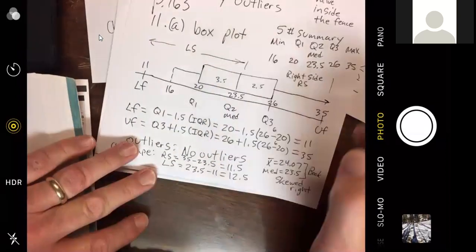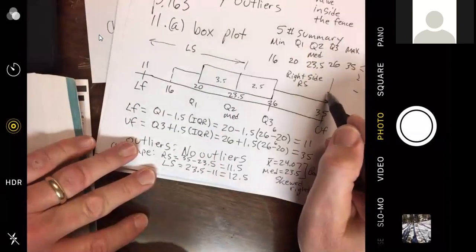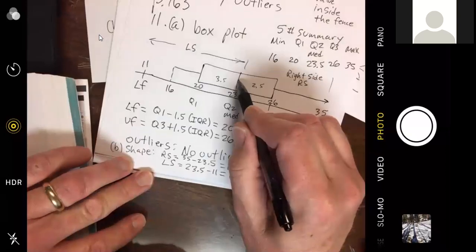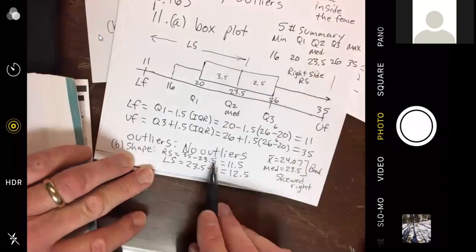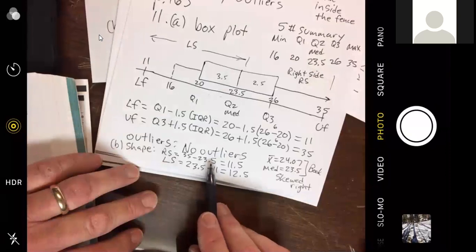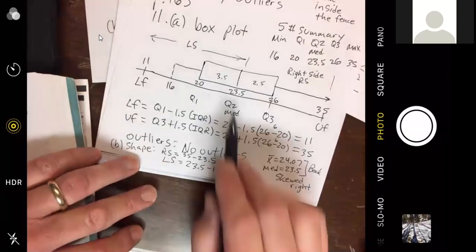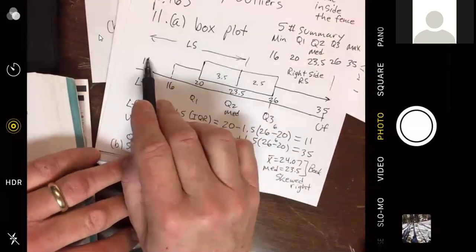I looked from the upper fence back to the middle. That's where I got 35 minus 23.5. There really is no single correct way to do it. So that gave me 11.5, and then I look from the center back to the lower fence. I don't do it this way because I don't want it to come out negative.